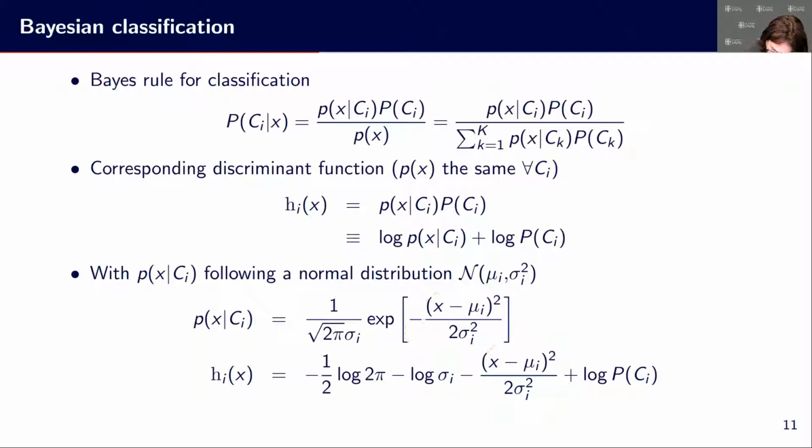And we have a last term, which is the log of the prior. This gives us the new h_i. This is the discriminant function that we obtain when we model the distribution of each class as a normal distribution with a different set of parameters per class.